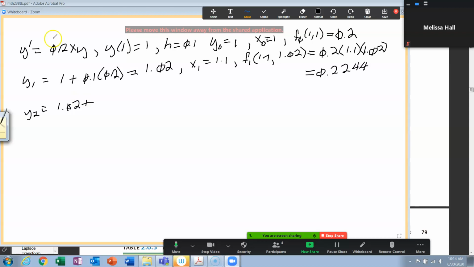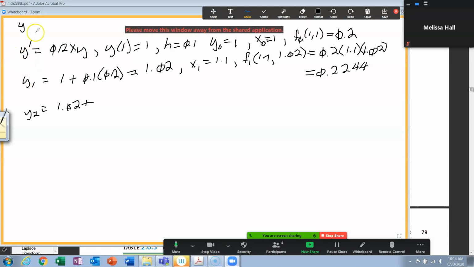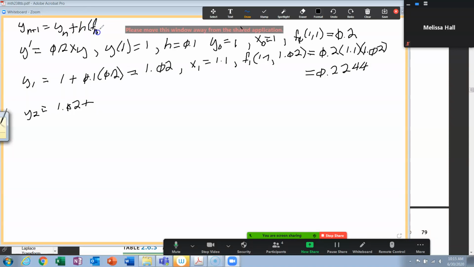Does it help for me to write down that recursive formula? y sub n plus 1 is equal to y sub n plus h times f calculated at x sub n, y sub n. Okay, that's what we do.